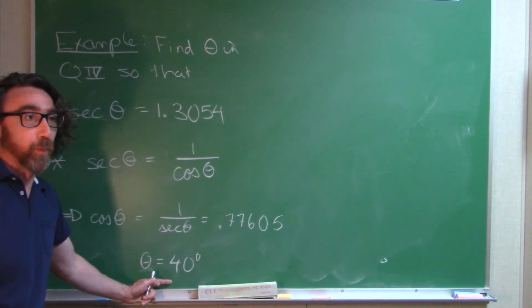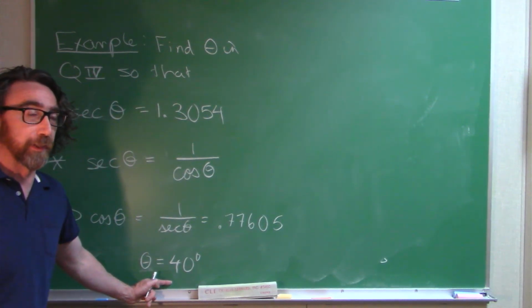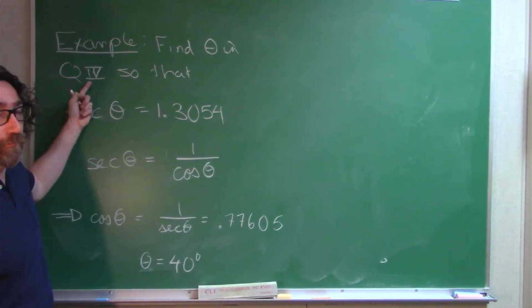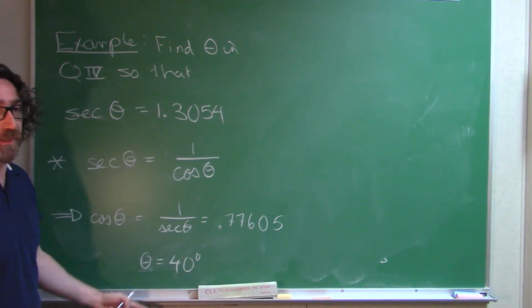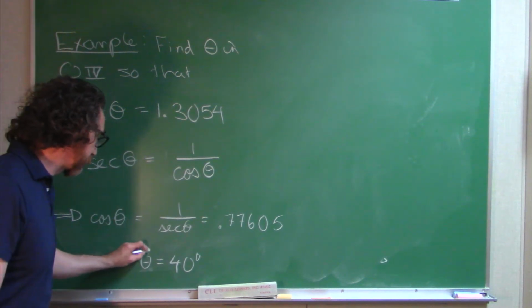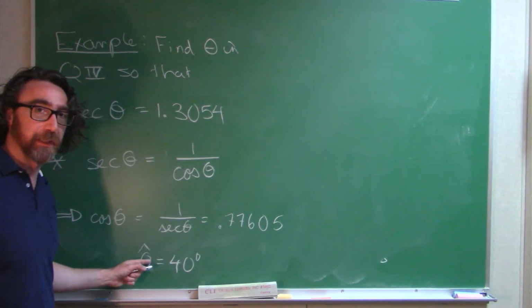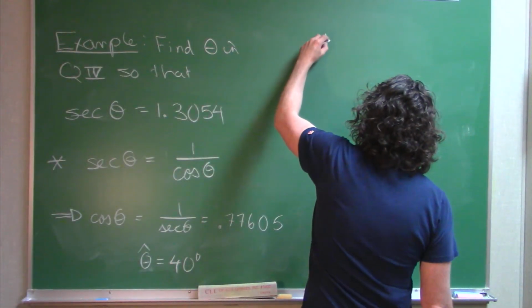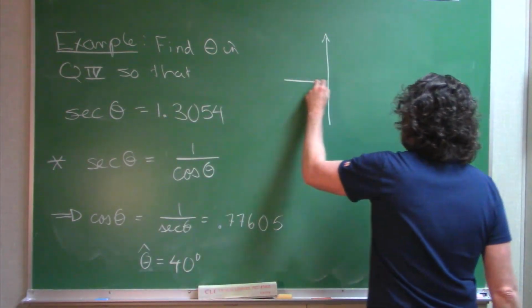Am I done? Or is this just the reference angle that we're looking for? Well, this is looking for a quadrant 4 angle. 40 degrees would be a quadrant 1 angle. Okay, so this must be the reference angle, so I'll put a hat on that, letting everybody know that that's not really the answer I need. That's just the reference angle.